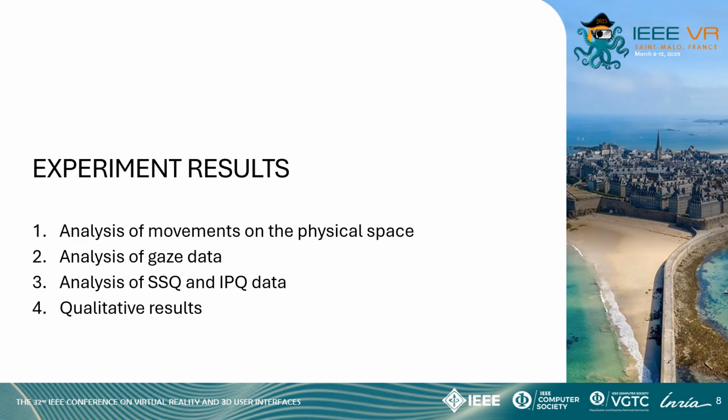The experiment results come from 4 perspectives. The first one is a human-centered analysis of the movement of the user in the physical space. The second is to analyze the gaze data to get the final visual saliency map.